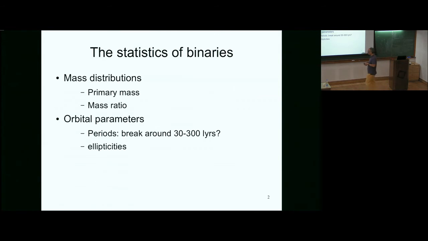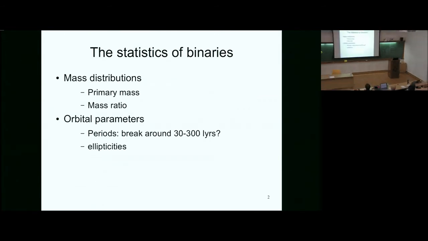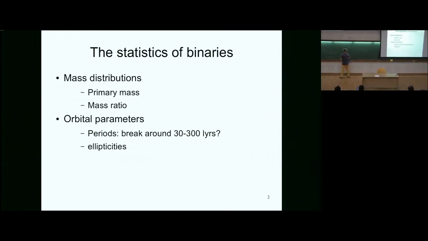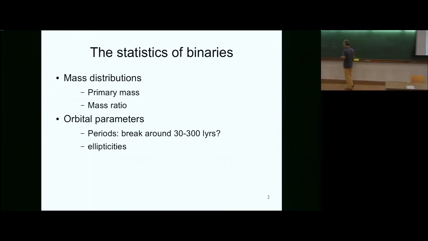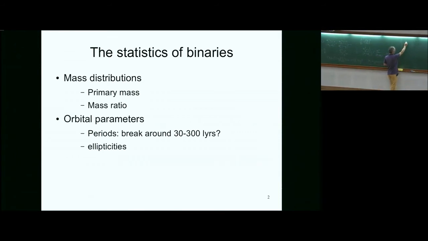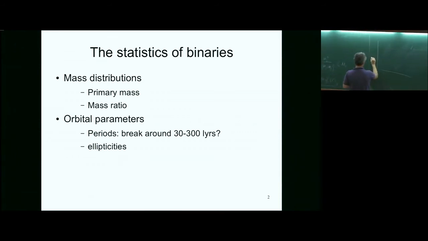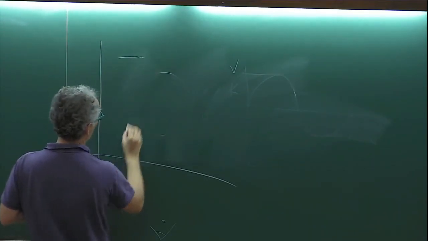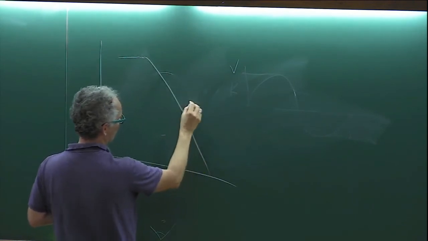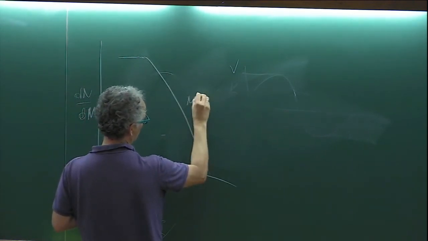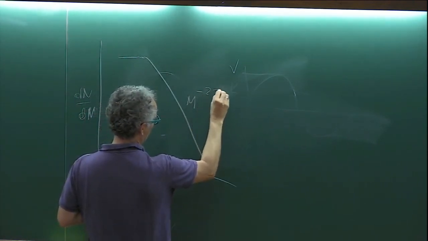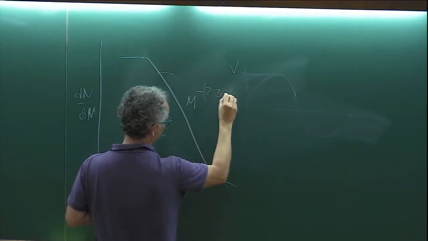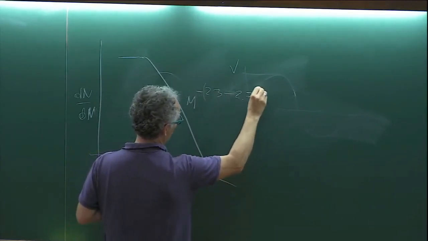That has been measured by looking at populations of young stars, and it is measured as a mass function that is relatively flat for low masses, and then it falls off as a power law that goes as m to the minus 2.3 to minus 2.7.